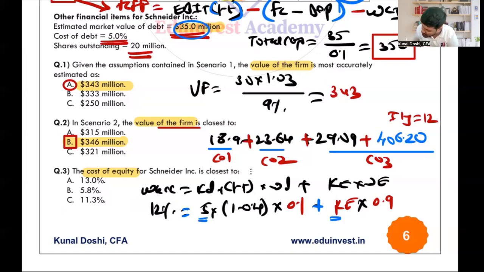Higher than 5 and lower than 12 is only one answer, A. Without calculation, you can make out that WACC is between the cost of debt and the cost of equity. I'll repeat: you can do this question without calculation also.